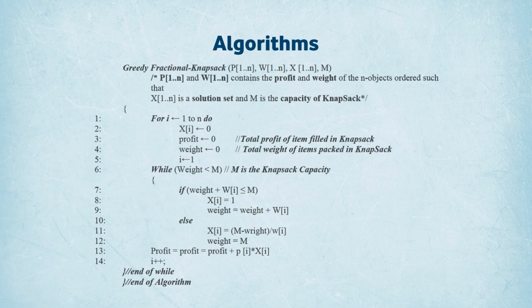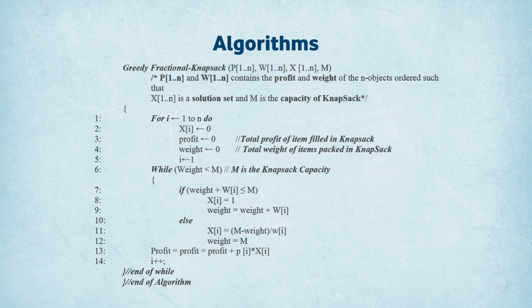You add the weights that are selected with a method like profit by weight, or any of the three approaches. Now you add the weight with wi. If it is less than the capacity m, then you will add that item completely into the knapsack. But if it is not less than it, you will add a fraction of it.